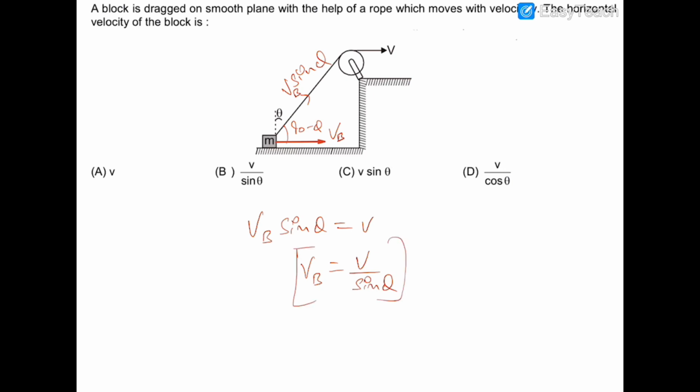Okay, so in this question we are again using this concept that when this block is being pulled by this rope, then the components of velocities of block and the rope along the rope will be same. Now we move on the next question.